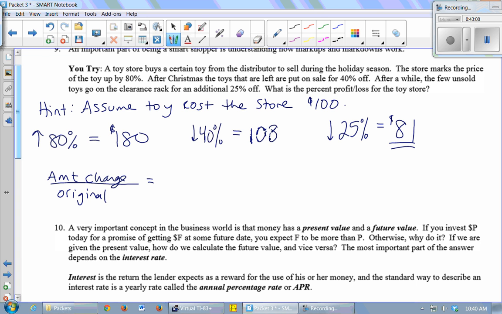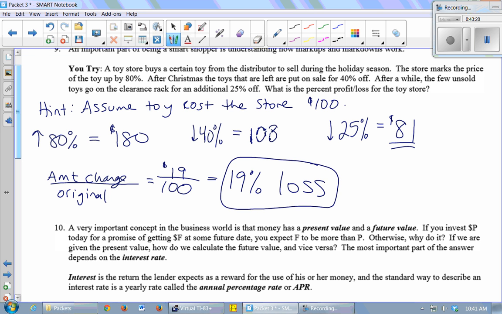That is a $19 change, compared to the original price of the toy, which was $100. 19 over 100 is 19%. So this is a 19% loss, right? Because the price of the toy went down by 19%.